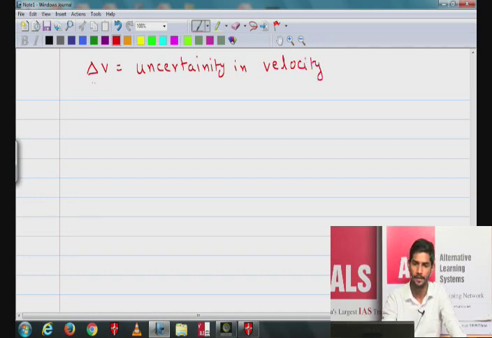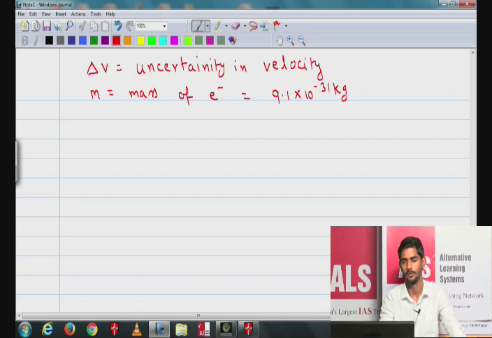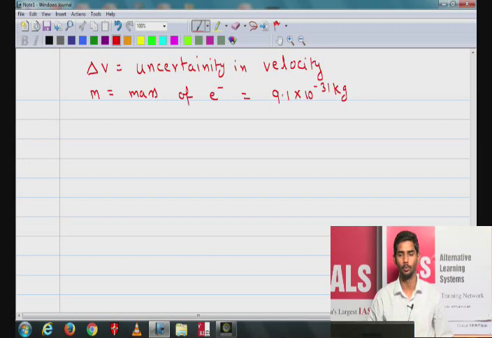And m is the mass of the electron, which equals 9.1 into 10 to the power minus 31 kg. And remember guys, to solve the numericals, we need not use the symbol of greater than. We simply use the symbol of equal to. That's it. So let us practice one question.